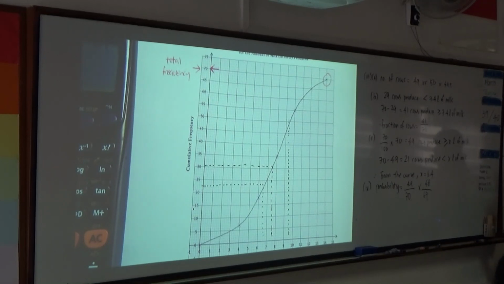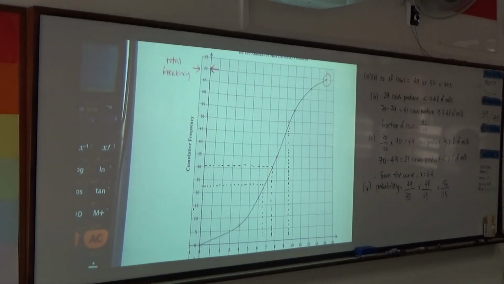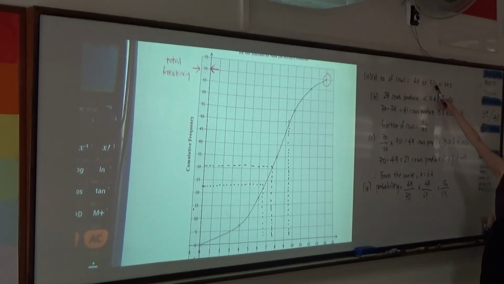This is your probability. First selection, out of all the 70, you can choose from the 49 ones. Then the second selection, 1 taken away already, so reduced by 1 in the numerator and denominator. If your calculation is this way, you will find that your answer is 56 over 115. If you chose 50 as an answer over here, then by all means, 50 over 70 times 49 over 69.